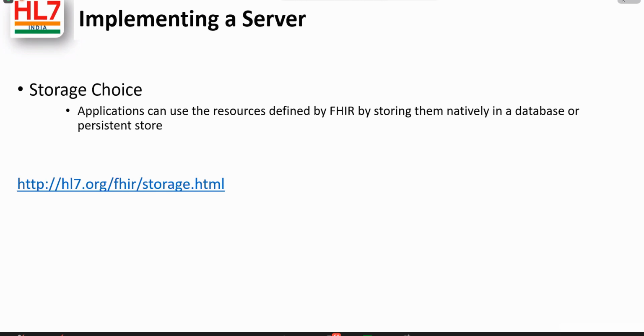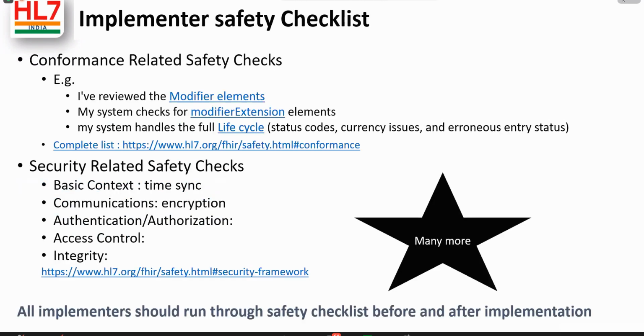Yeah. So, moving next. We talked about the security checklists, or rather the safety checklist. Remember, FHIR, if you read closely, has been built on top of a lot of industry experience. The versioning, the invariants, the modifiers are all certain kinds of safety checks that are in place in the FHIR spec itself.